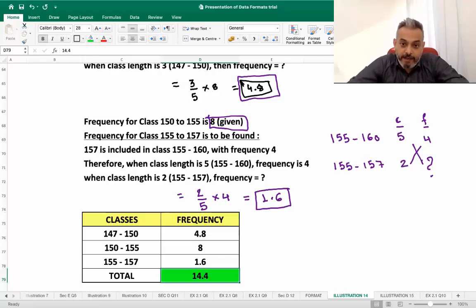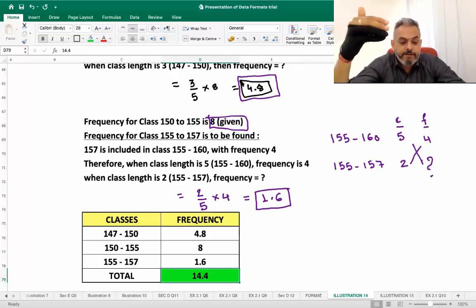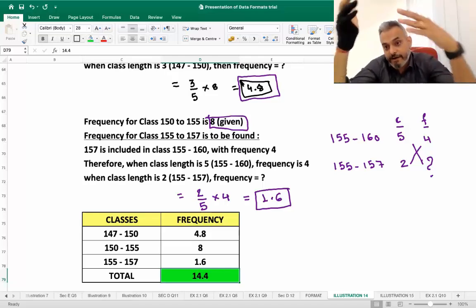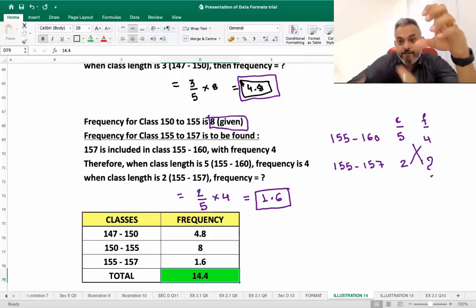One student has asked that, sir, can we simply count from raw data? No. If you count from raw data, you will get an exact number. That's fine. But over here, using the table, we have to find out how many persons have height between 147 to 157. It means you are already given a table and from there we have to find.